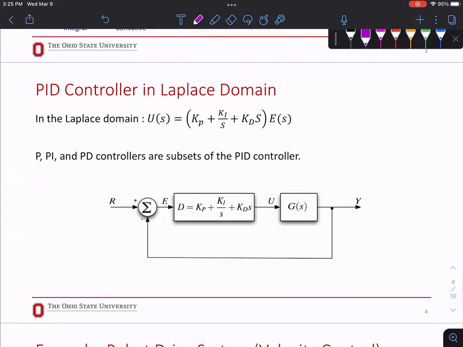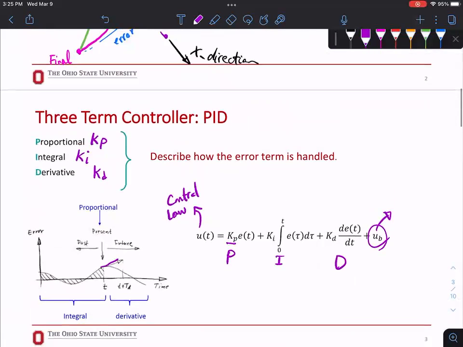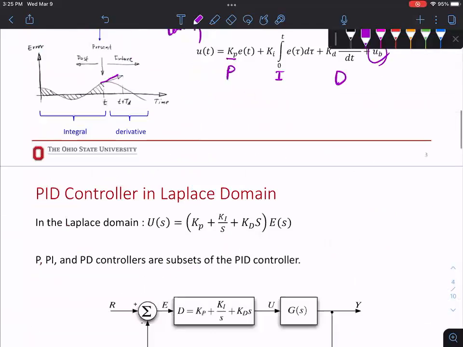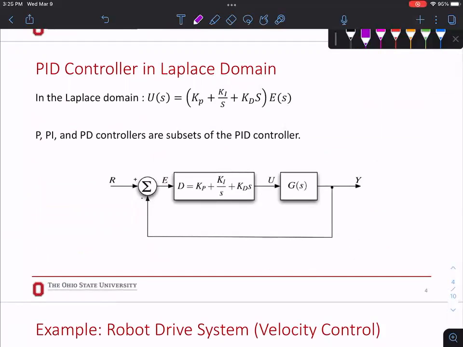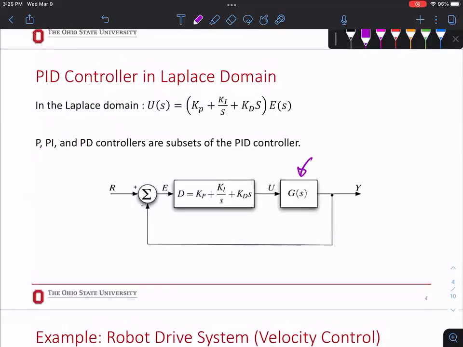So you can convert them and write them in S. Do you remember how to convert a differential equation or equation in time domain to S? That's why it is useful, because now you should at least understand this. I don't want you to go from time to S here, but my system is G, right?